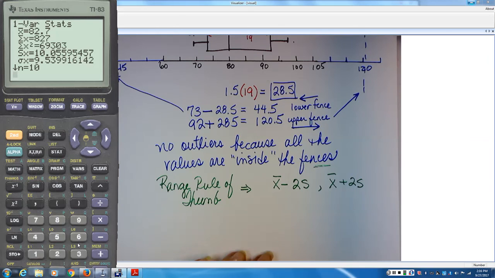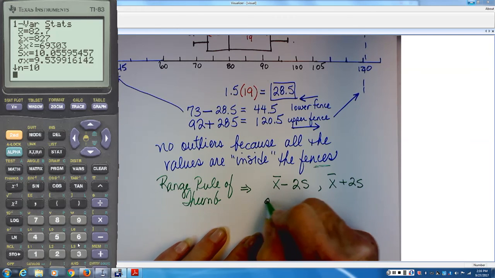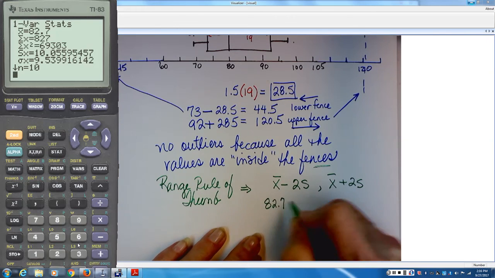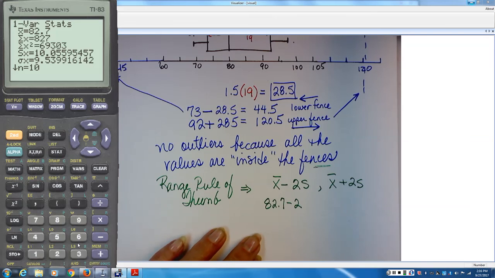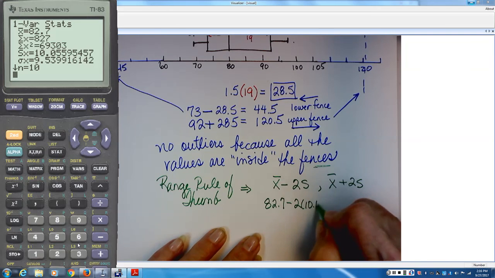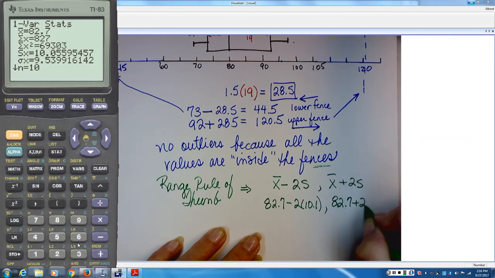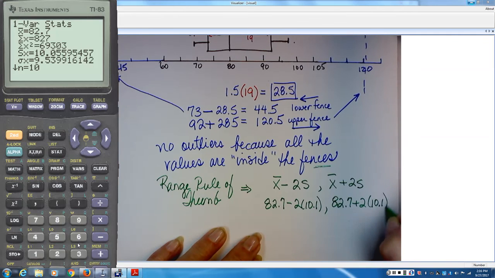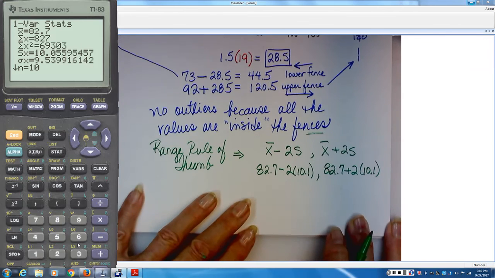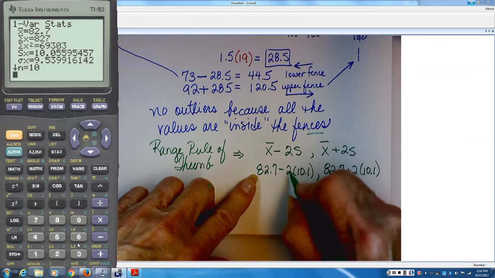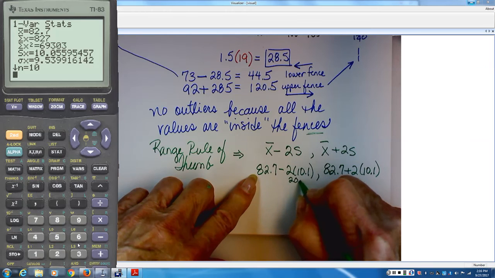So your mean is 82.7 minus 2 times 10.1, to the mean, which is 82.7, plus 2 times 10.1. And we already decided that that was 20.2.